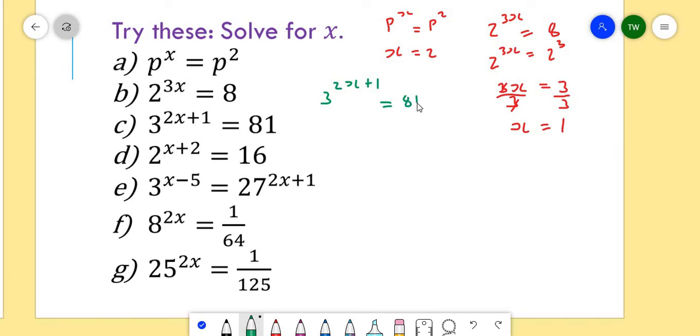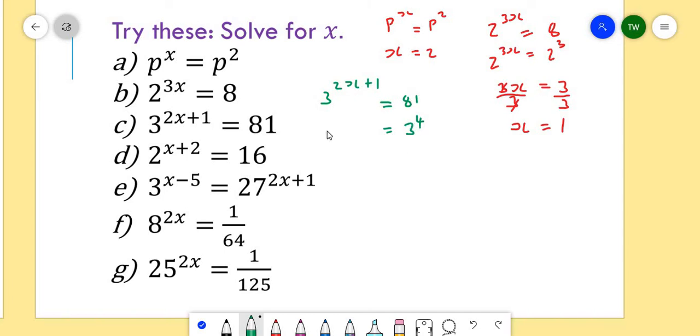Now again, the base of the first term here is 3, which means that our objective is to rewrite 81 with a base of 3. So we want to rewrite 81 in index form, but we want the base to be 3. And that would be 3 to the fourth power. So 81 is the same thing as 3 raised to the power of 4.